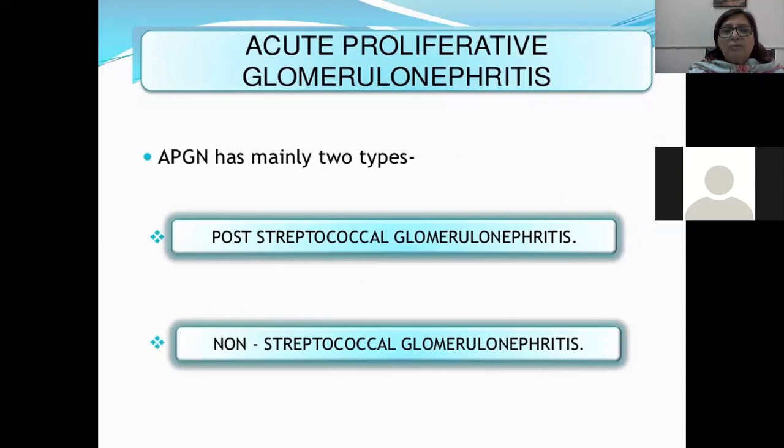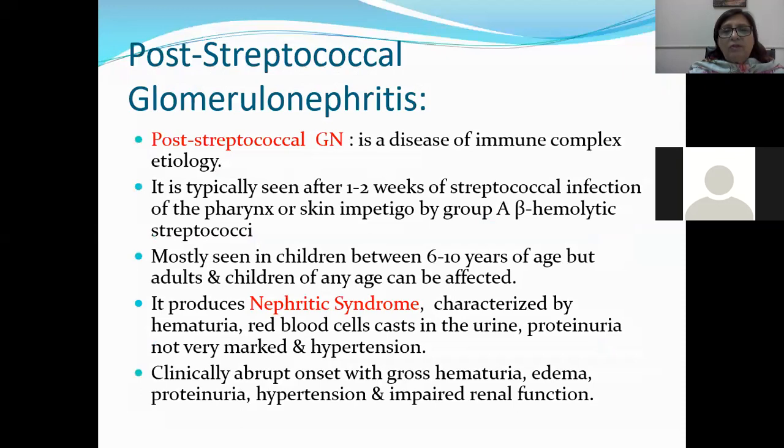Both of these are going to produce nephritic syndrome. If an examiner asks you what the causes of nephritic syndrome are, you can say acute proliferative glomerulonephritis of both types, post-streptococcal and non-streptococcal. This can give rise to nephritic syndrome. Nephritic syndrome, I've already told you, and I'm going to tell you again now.